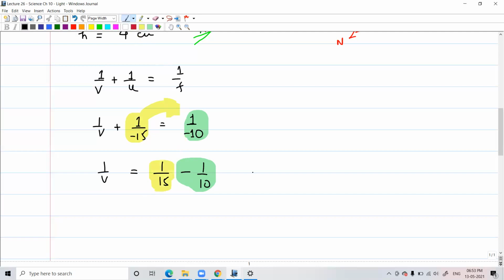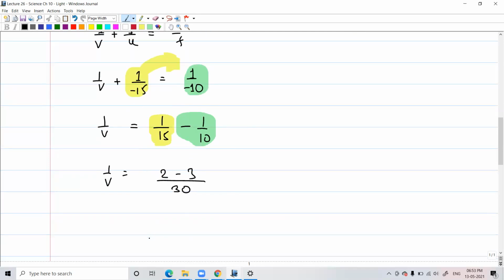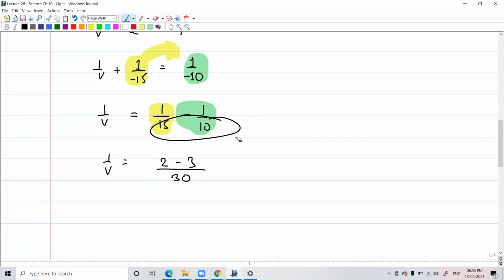So do the calculation, fraction, addition, subtraction. This should be able to do very quickly. It should be what? Two minus 3 by 30. LCM of these two is 30, right? 15 twos are 30. So 2 we will multiply with this numerator, 2 ones will become 2 here.